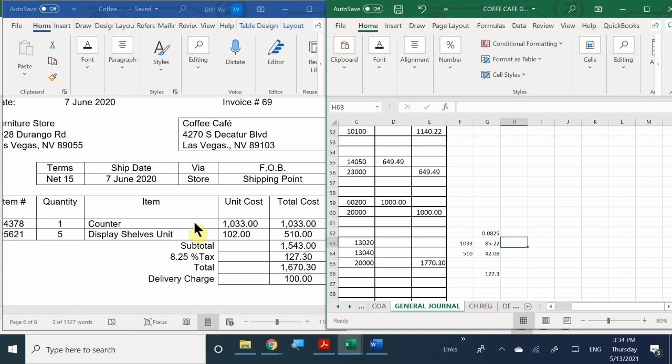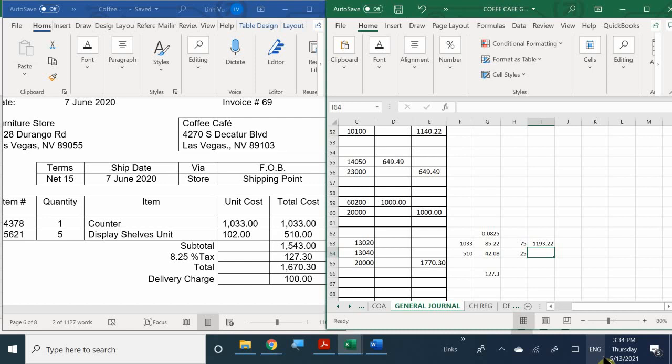So my delivery charge was $100. How am I going to split it up now? $75 is going to go to the counter, and $25 is going to go to the shelves.